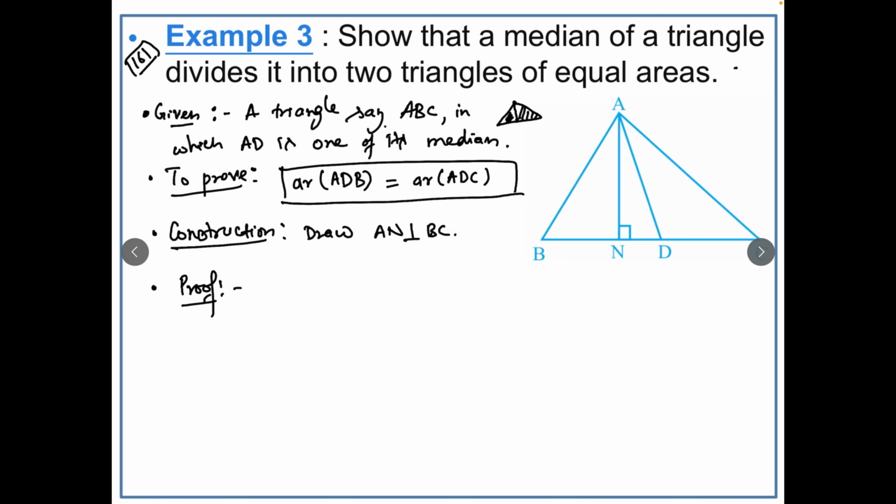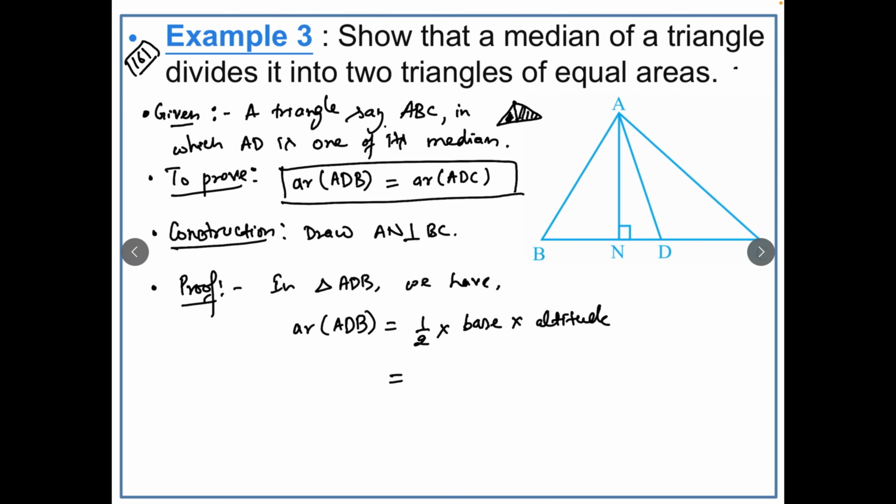Okay, so we'll write in triangle ADB, we have the area of triangle ABD will be given by half into base into altitude.